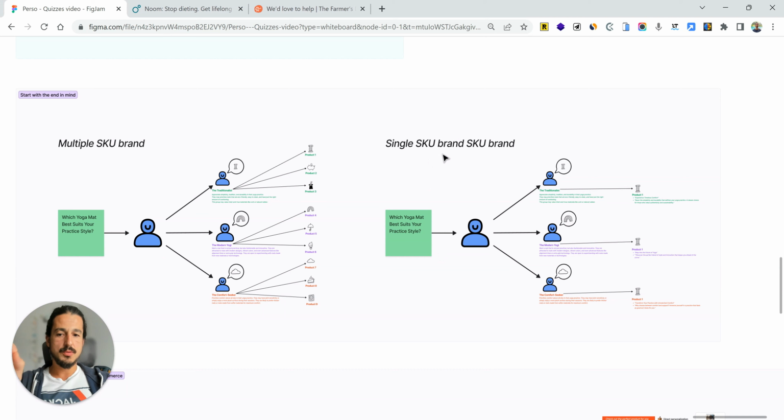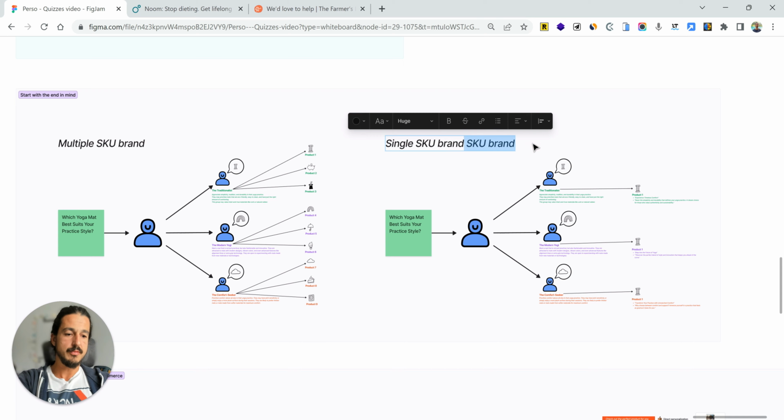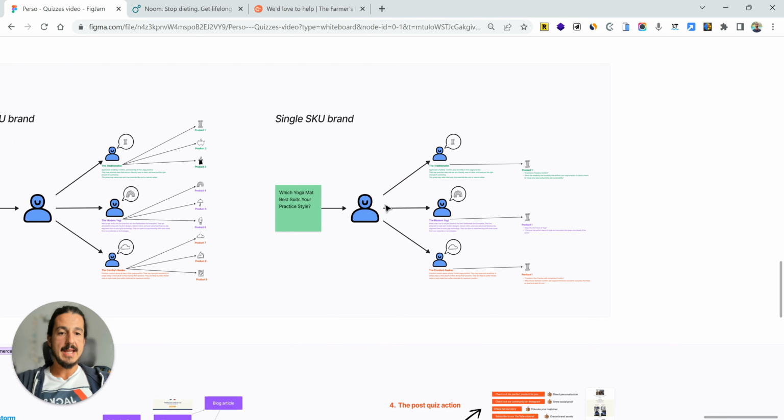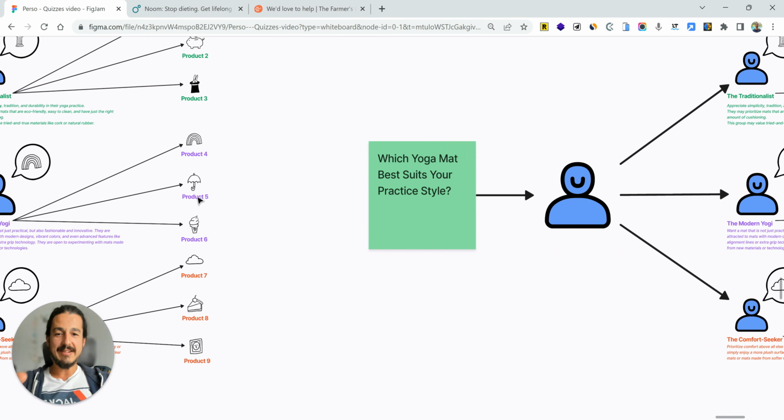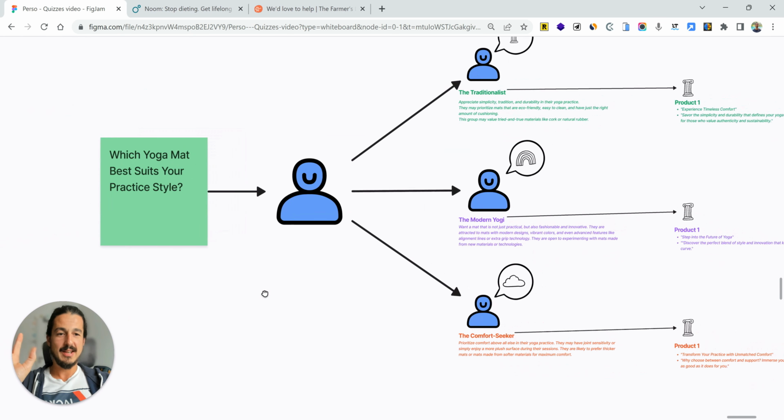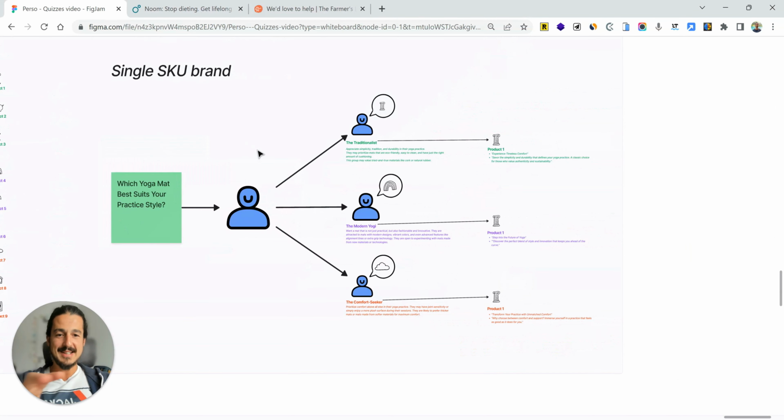Now, why is it also fitting to a single SKU brand? It's because you don't need to give them several products at the end. What is possible is to do the exact same thing, exact same questions. And if you have one single yoga mat, the only difference is in the message, in the way you will address the customer after the customer explains how he practices yoga, what he wants, what he is looking for.